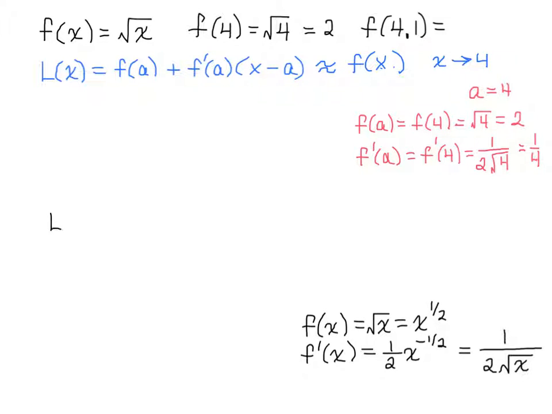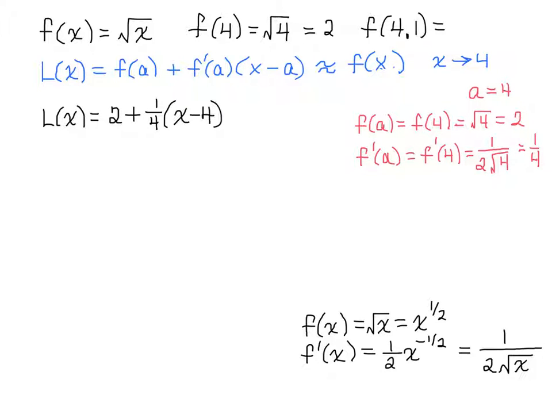I get L of x is equal to f of a, and f of a is 2, plus f prime of a, which is 1/4, times x minus a, and a is 4. So this is the linearization equation for the square root of x when a is 4.